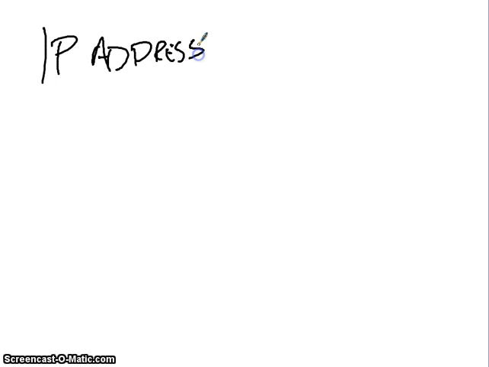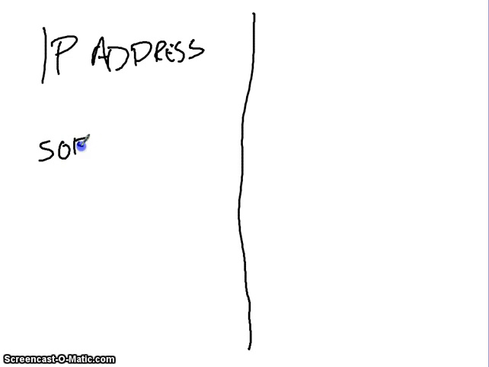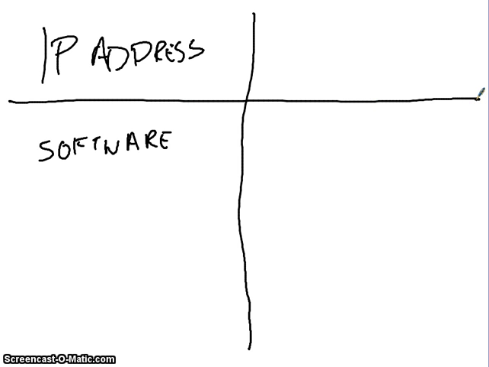Now, IP addresses are software addresses. We set them in software, and what it allows us to do is set up an address, and then we can use that address all over the place. And this is how all computers communicate.